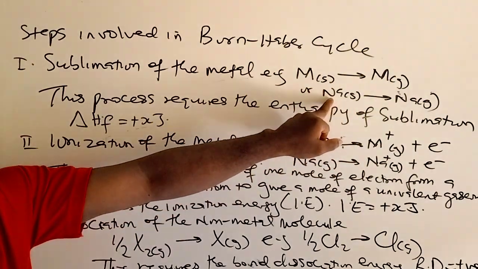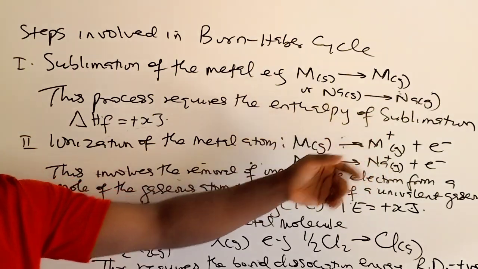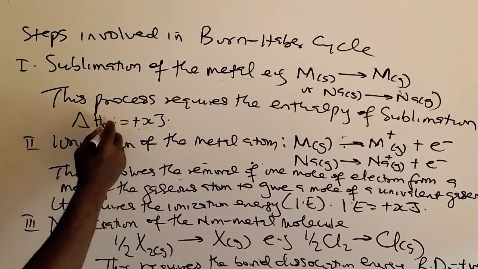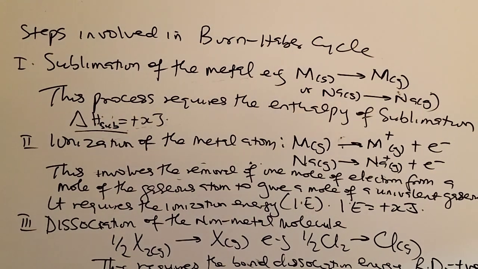Example, using sodium: sodium in solid state transformed to gaseous state requires the enthalpy of sublimation, written as delta H sub. Sublimation enthalpy is a positive value.